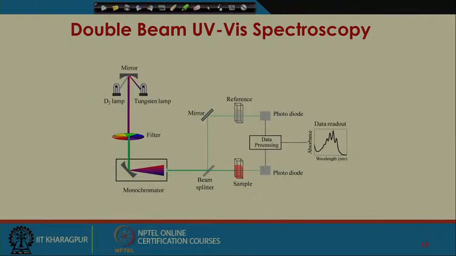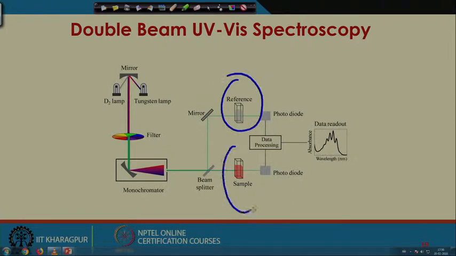In case of the double beam UV spectrophotometers that are commercially available, a beam alternately passes through the reference cuvette and the sample cuvette.